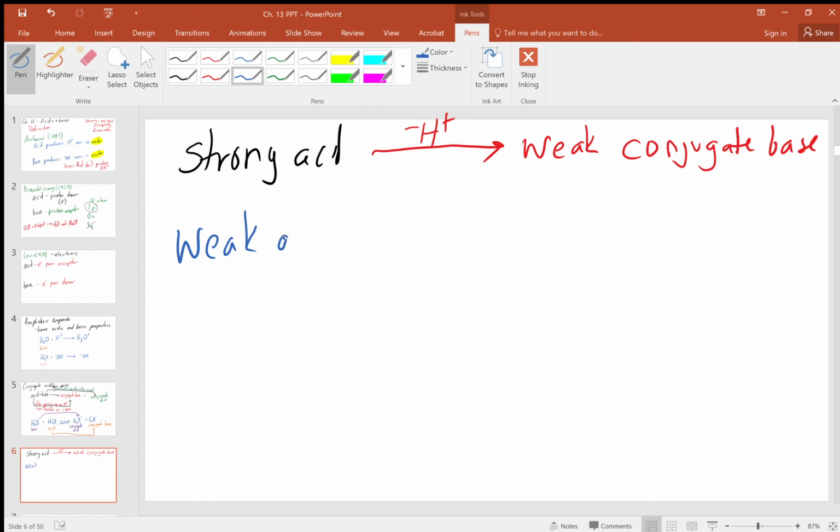What if we have a weak acid? Well, a weak acid will give up a proton, but it doesn't want to give that proton away. And so does it want the proton back? Yes, it does. So a weak acid will give a strong conjugate base.